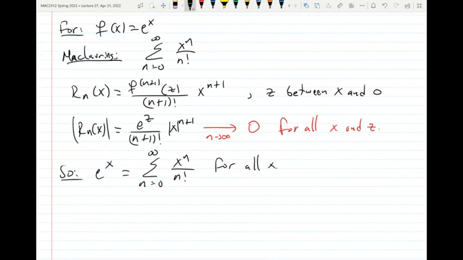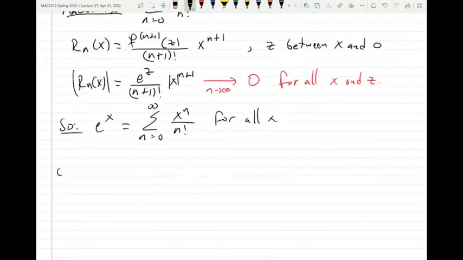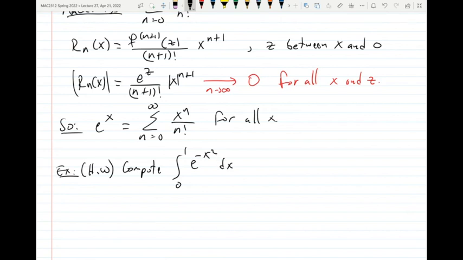For example, as an application, I'm going to leave this to you, but now you can compute something like this: the integral from 0 to 1 of e to the negative x squared, with error, let's say, less than 0.001, with 3 decimal places accuracy. Now you can do this.